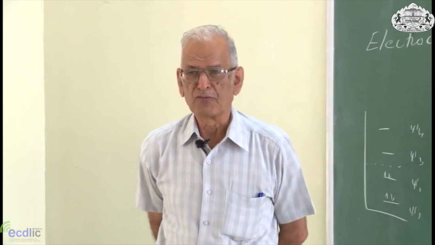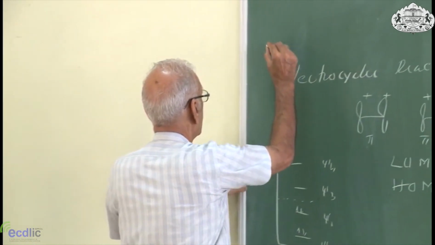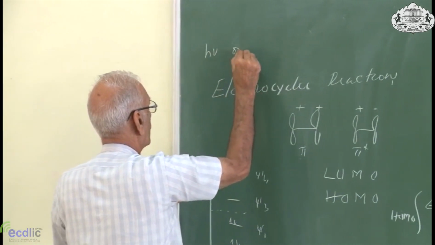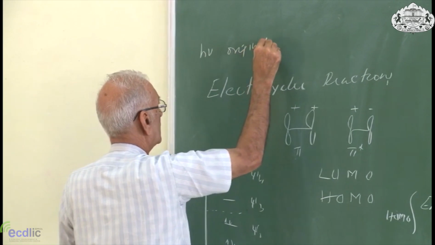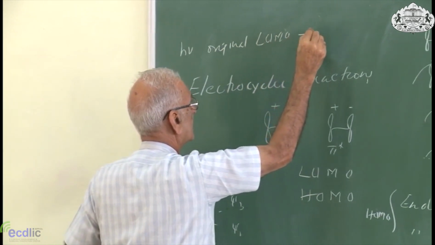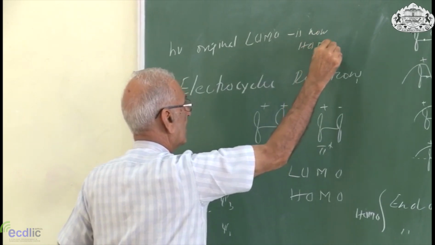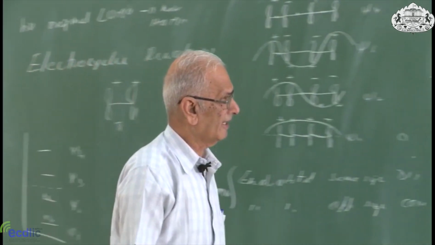So, for the photochemical reaction, the original LUMO has now become HOMO. For photochemical reaction, original LUMO is now the HOMO. Okay. So, then let us look at this.